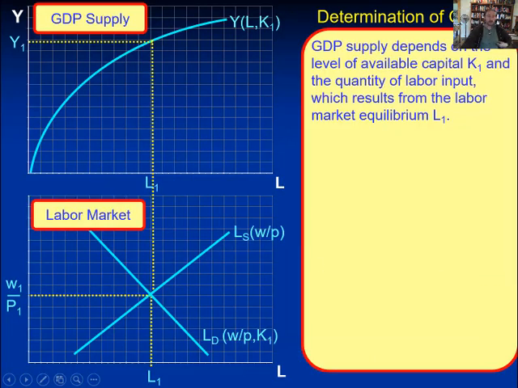The production module that we have derived in the last lesson tells us that the supply of goods depends on labor input determined on the labor market, and on the capital stock, which comes from the previous period, as we have seen.